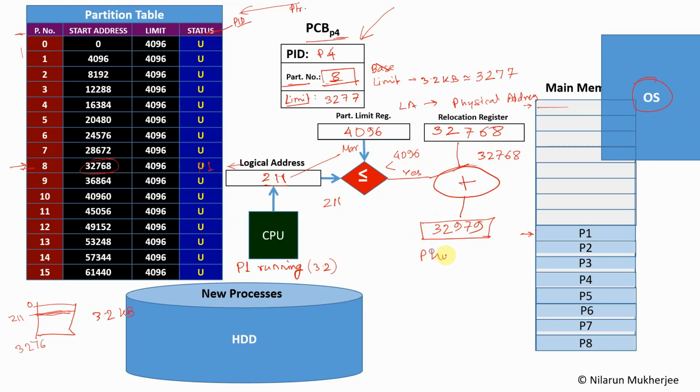and this will be the physical address. So you can start searching from the beginning, and it will come somewhere here, and it starts from 32768, because the memory itself does not understand any scheme implemented by the OS.